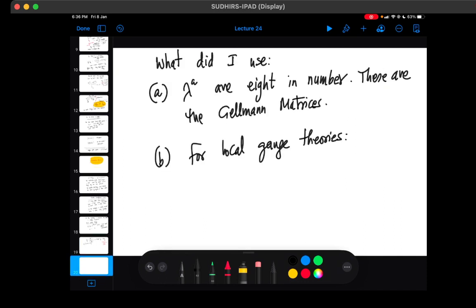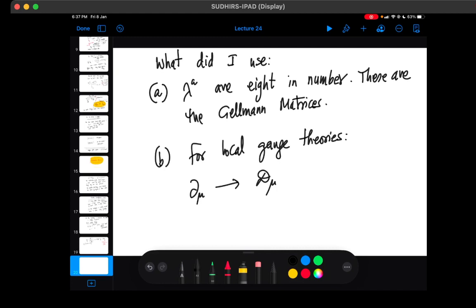What do I have to write for an invariant Lagrangian? ∂_μ has to be modified to ∂_μ plus i g_s. For abelian gauge theories like U(1) QED, the generator is only unity, but in non-abelian gauge theories the generators are large in number.